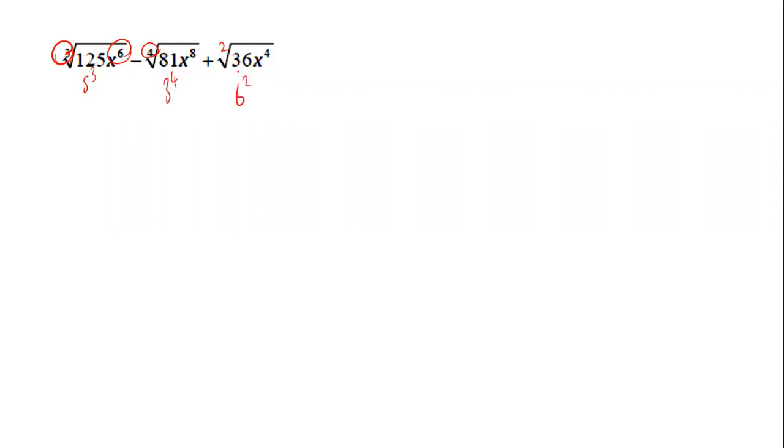This 5 cubed, 3 divided by 3, 1, which is 5 times, and 6 divided by 3 is power 2, minus, and this one's power is divided by those numbers, 4 divided by 4, 1, which is 3 times, 8 divided by 4 is going to be 2, plus 6 which is the 6x squared. And I got all of them the same. I can say that 5 minus 3 plus 8 is going to give me 6, which is going to give me 8.